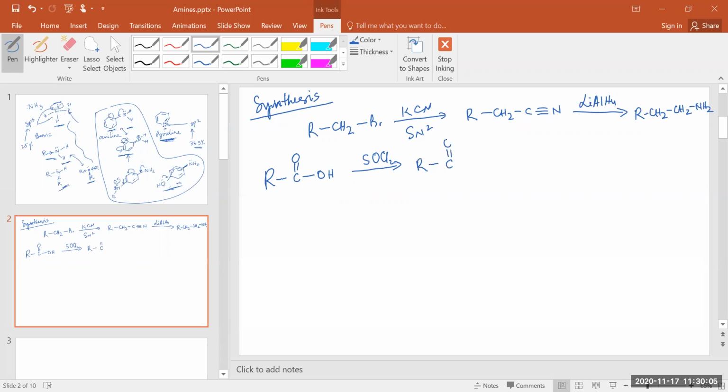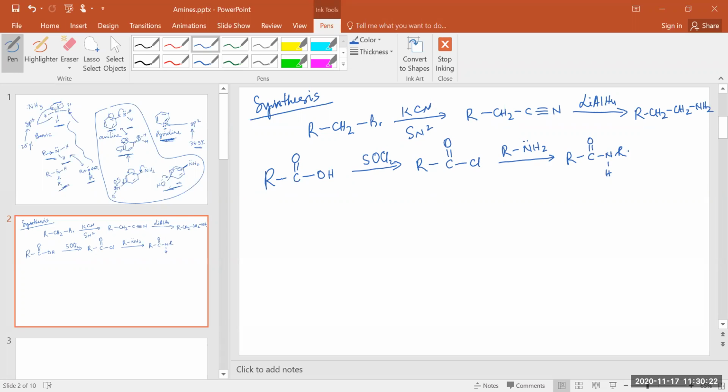The acyl chloride, on reaction with ammonia, primary amines or secondary amines, gives nucleophilic acyl substitution.